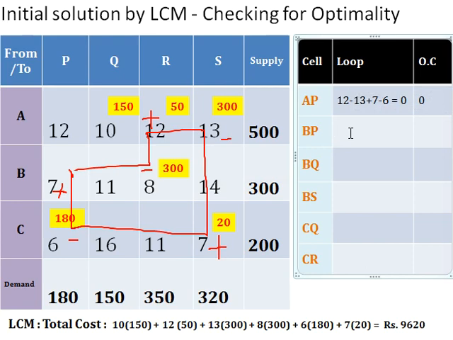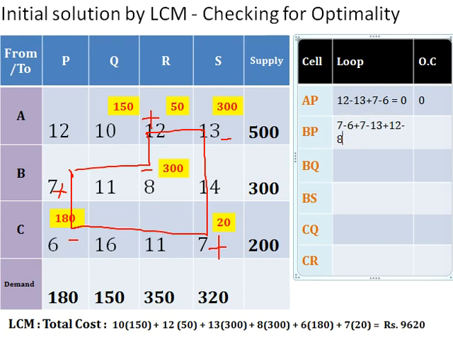Okay, let's do the calculation for this cell. Writing down, starting from 7 minus 6 plus 7 minus 13 plus 12 minus 8.